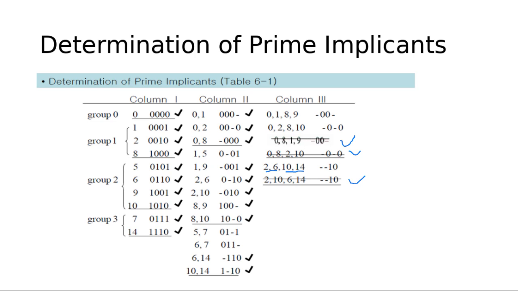And there is also another one, but it's the same. You can see the numbers and you can say that they are the same: 2 2 10 10 6 6 14 14. It means they are the same. You don't have to use both of them. You only want to use one of them. Okay.